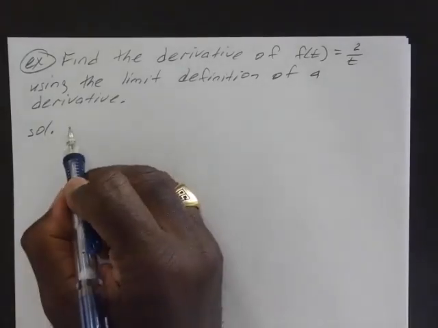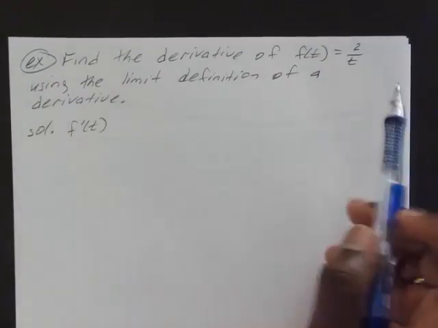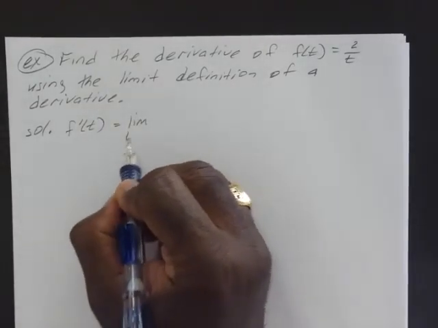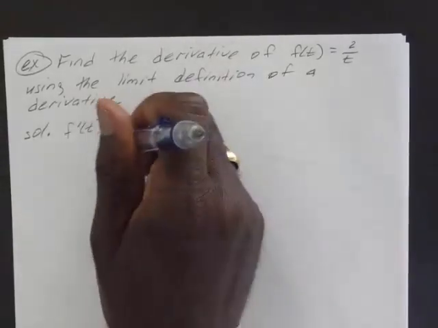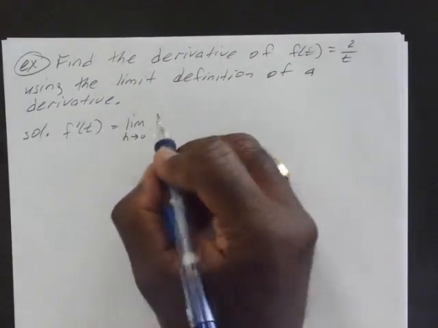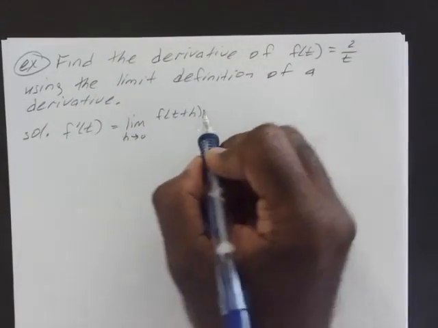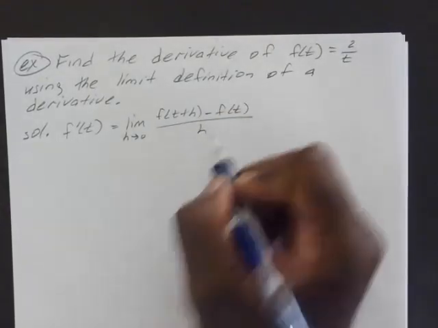Okay, so remember to find the derivative, which is our f prime of t in this case, that's just the limit as h approaches 0 of f of t plus h minus f of t all over h.